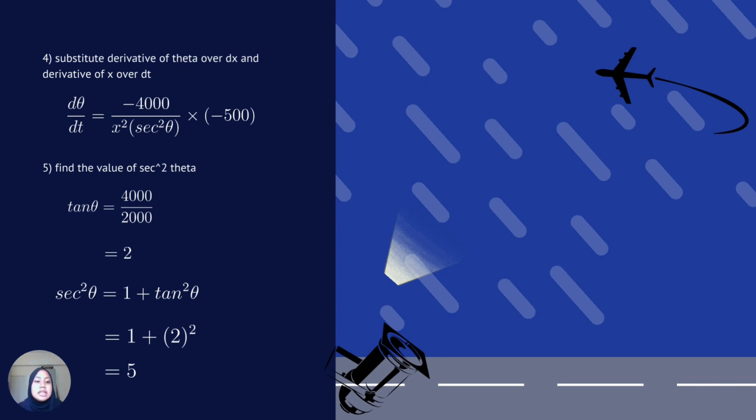So we divide these two and we will get the value of tangent theta equal to 2. So we need to use the formula of secant square theta. It will be 1 plus tangent square theta. So what we need to do is just implement the value of tangent theta into the formula. So it will be 1 plus tangent theta, that's equal to 2, and then we need to square it. So the answer we will get is 5.